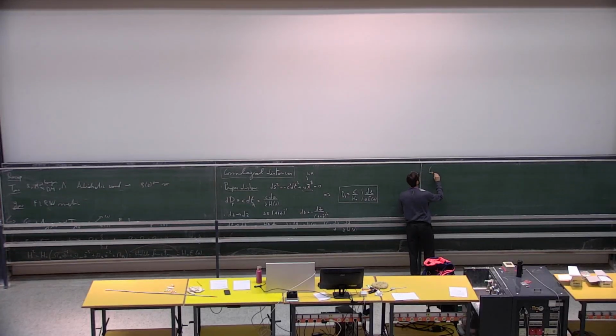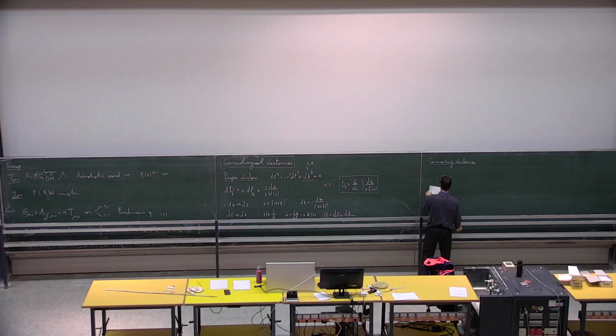Then we have the comoving distance. Which now is defined as dr, so it's a length, equal to c dt over a.